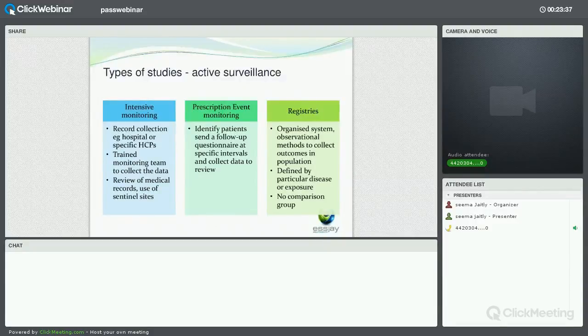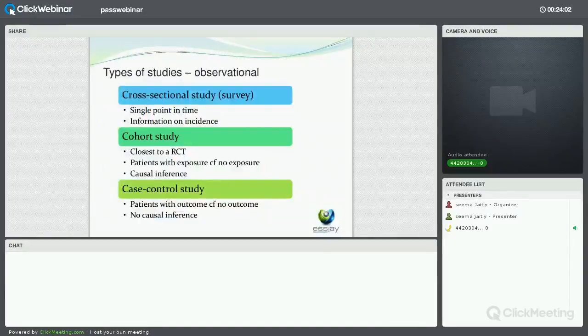And the idea is that you collect information on an ongoing basis, and then you can review that data in that subset of population. The only issue with the registries is that there isn't a comparison group, but it's useful to amplify signals and for rare outcomes as well. So often, if you have a rare outcome, or if you have quite a significant product, you'd probably be asked to set up a registry with regards to that.